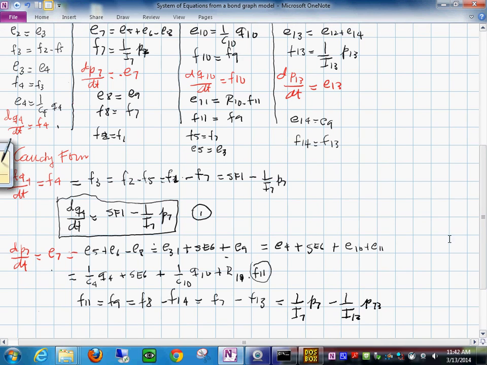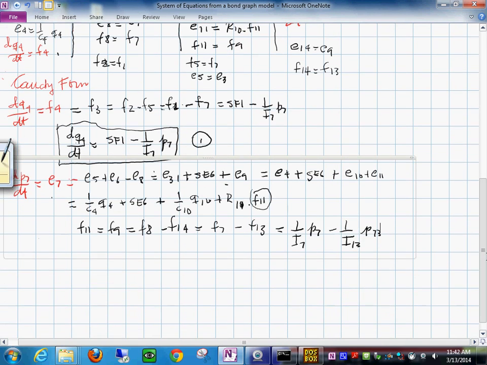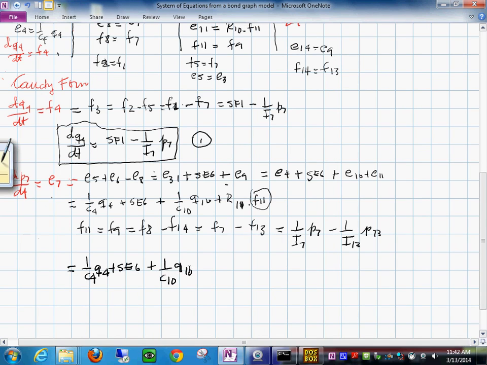So we have this in here, we will say equals to 1 over C sub 4 Q sub 4 plus SE6 plus 1 over C10 times Q sub 10 plus R11 times this.